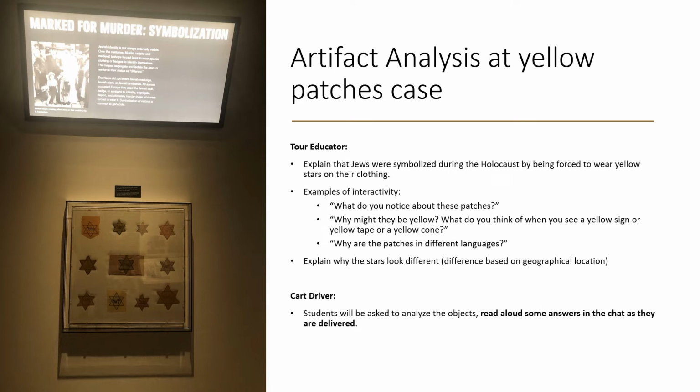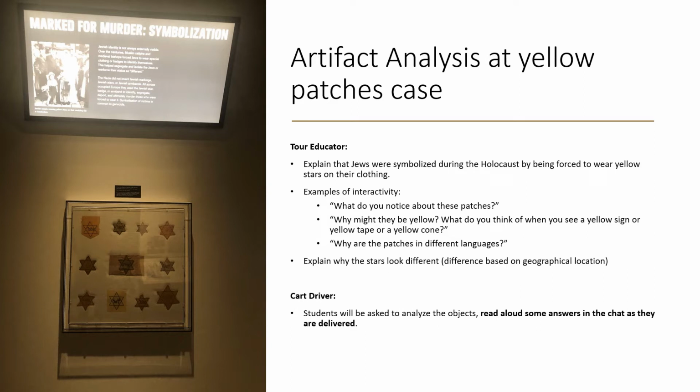Next, let's take a look at an example of artifact analysis. One place that we do an artifact analysis is at the yellow patches case with these yellow stars of David. This is, of course, where you would explain that Jews were symbolized during the Holocaust by being forced to wear yellow stars on their clothing.